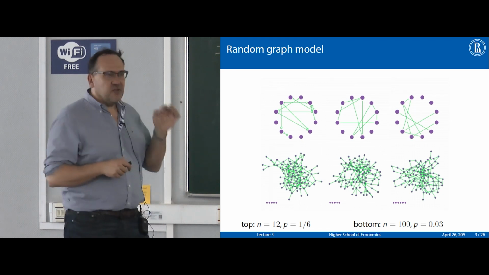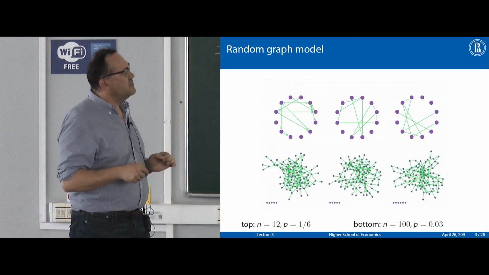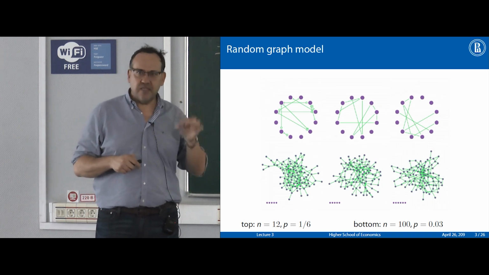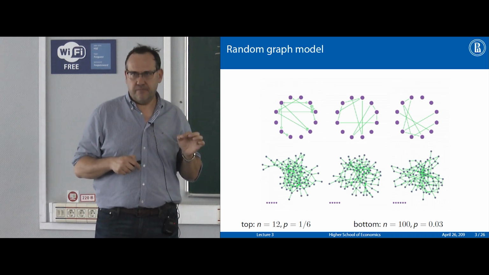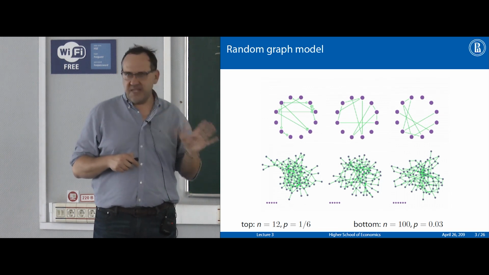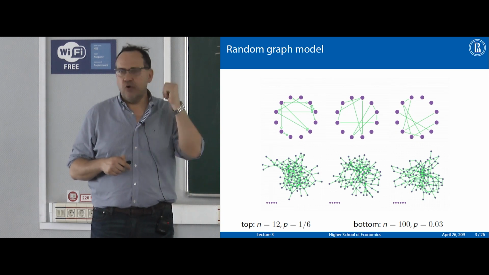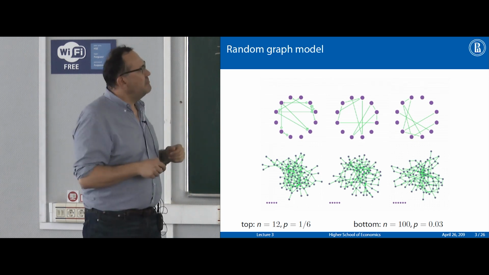Now, when we build a random graph, what happens is the following. For each possible pair, there is a probability that it's going to be formed. All right? Let's say if the probability is 50%, the easiest way to think about it is you're flipping a coin, right? Let's say we're going to look at this pair.